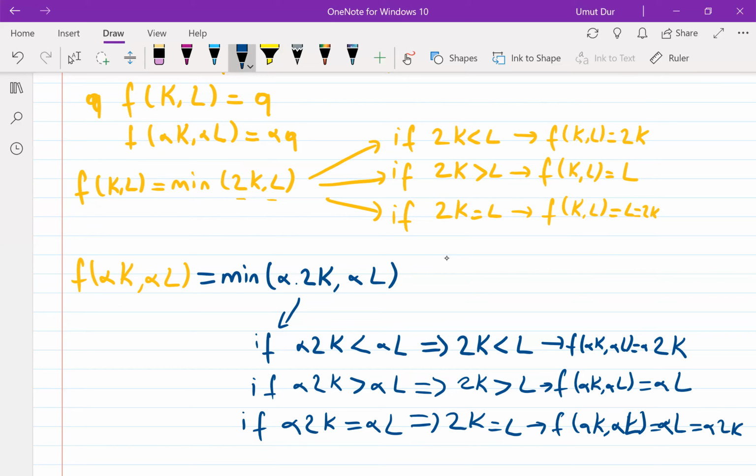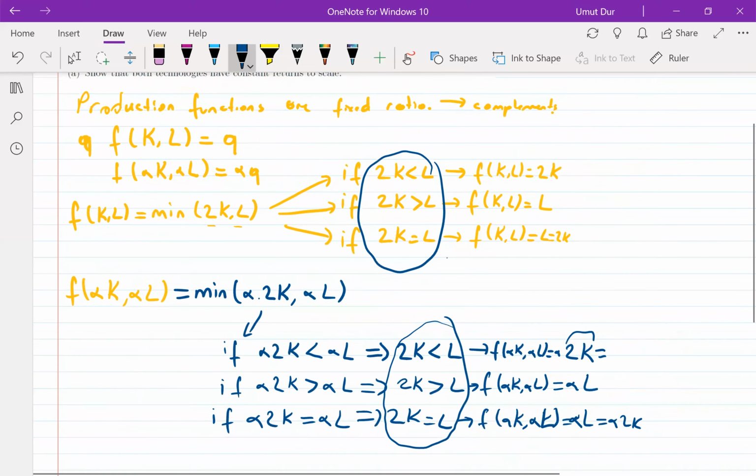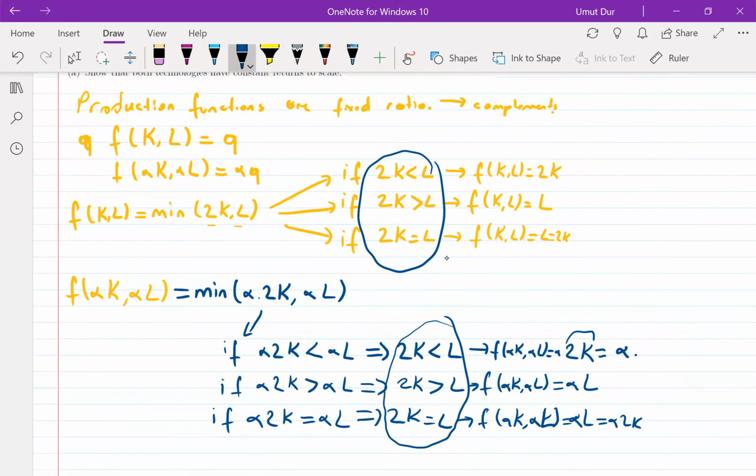As you can see, these conditions are the exact same conditions as before. Moreover, I know that 2K is equal to F(K,L) when 2K is less than L, so I can write it as alpha times F(K,L). It is also true for the other ones.